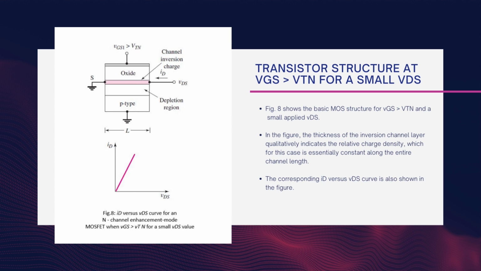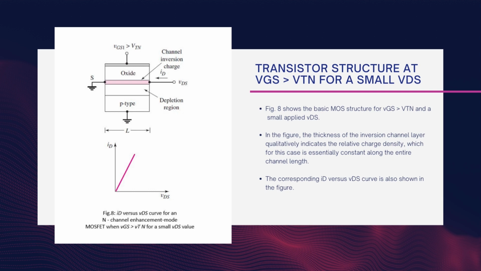In the figure, the thickness of the inversion charge layer increases. This shows that the relative charge density, for this case, is essentially constant along the entire channel length. The corresponding drain current versus drain voltage curve is also shown in the figure.